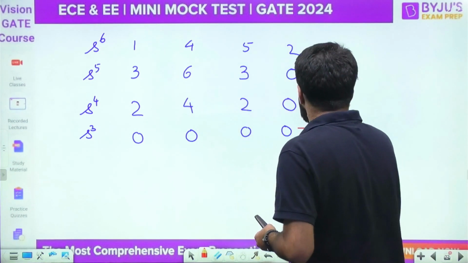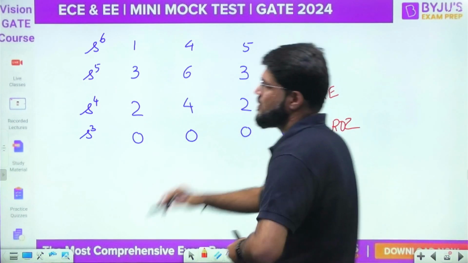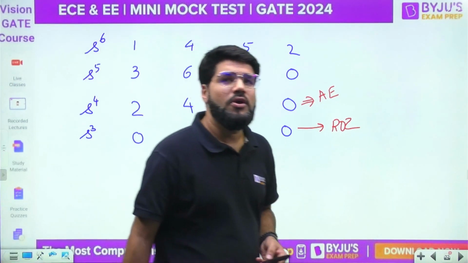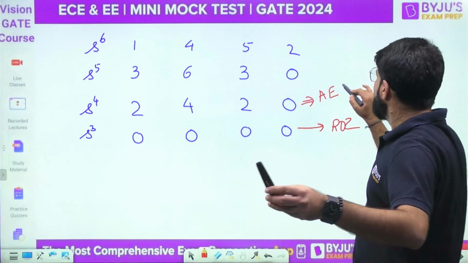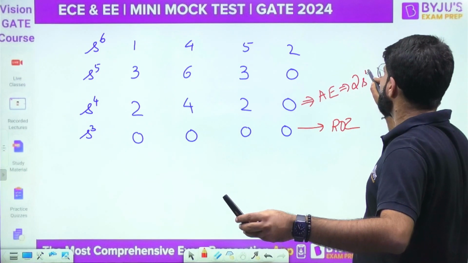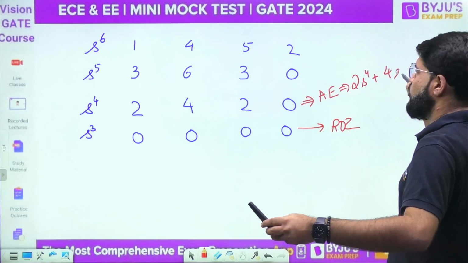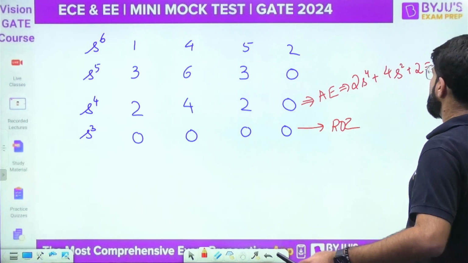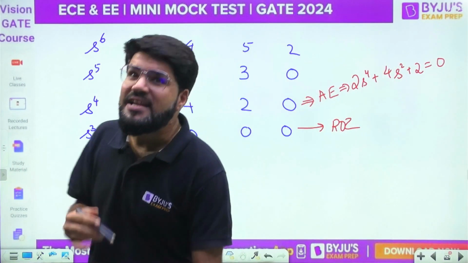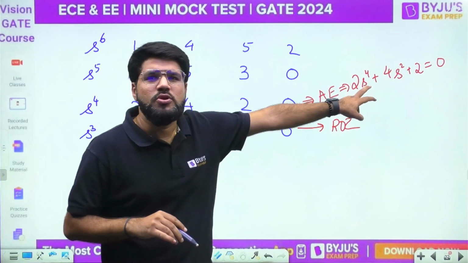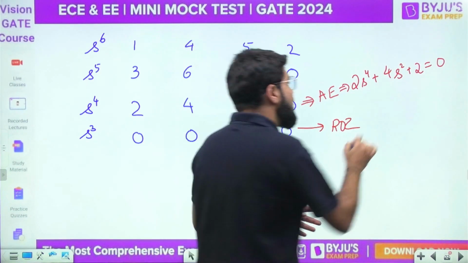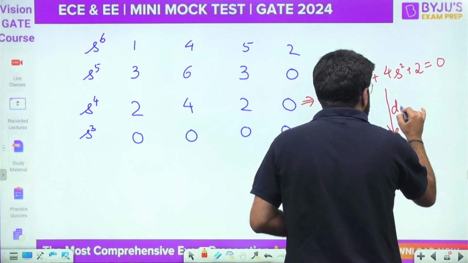That is 2s power 4, plus 4s square, plus 2 equal to 0. We'll talk about the roots also, but let's complete the Routh array first. Now I differentiate the auxiliary equation.